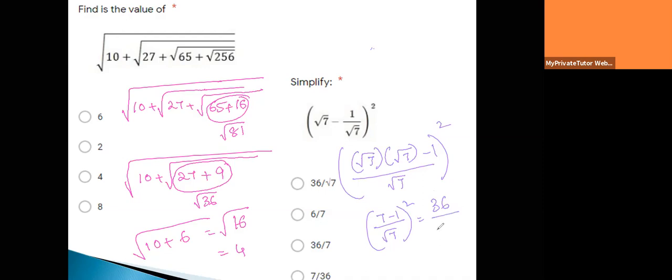Or else you can take the LCM like this. So just check 7 minus 1 divided by square root 7, whole square. What is 7 minus 1? 6. 6 square is 36 divided by square root of 7 squared. It's 7. So this is the answer.